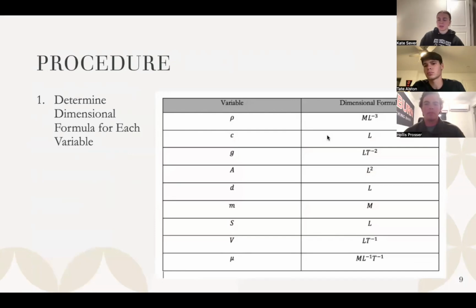The procedure is pretty simple. You're just going to start by determining the dimensional formula for each variable. We have these listed in this table with all of our variables and the corresponding formula. Here, M stands for your mass units, L is your length units, and T are your time units.